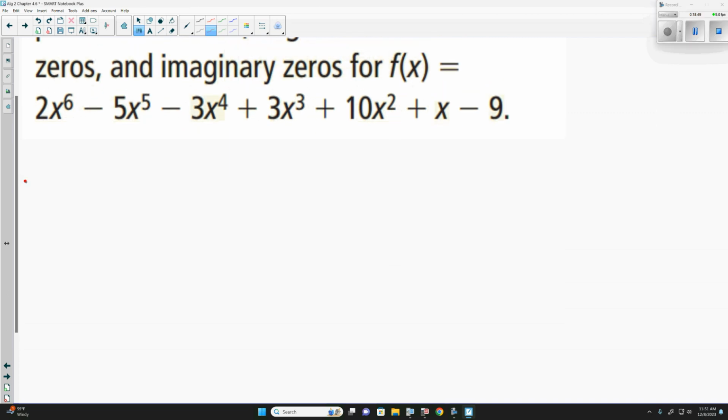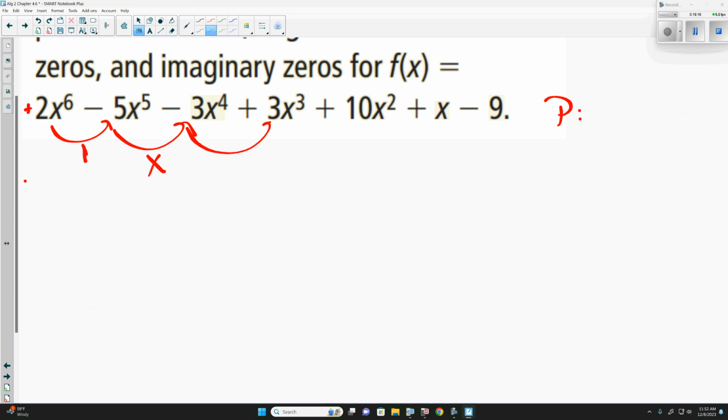Luckily for us here, they already wrote this out, so we can find positives first pretty easily. So we just go down the line from our 6th power to our 5th power. Yeah, so the first one is true because there's not a sign in front of x to the 6th. It's understood to be positive, so positive to negative would be 1. Our x to the 5th to x to the 4th, no, negative to negative.